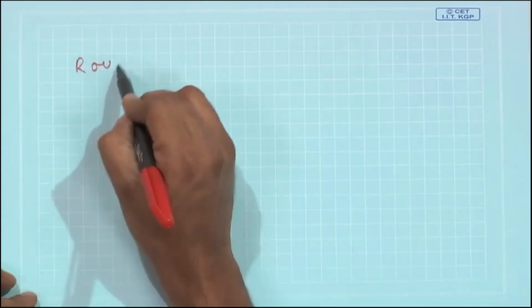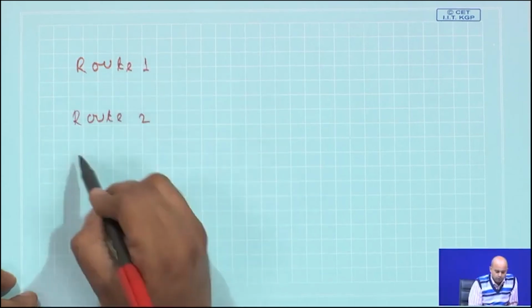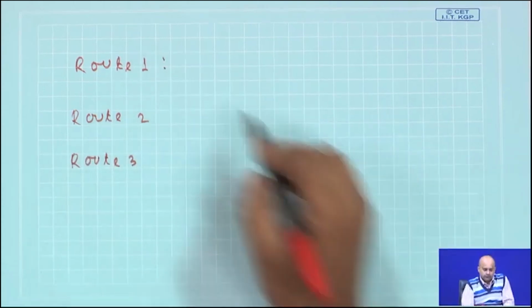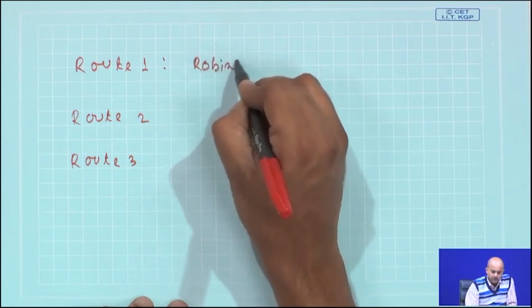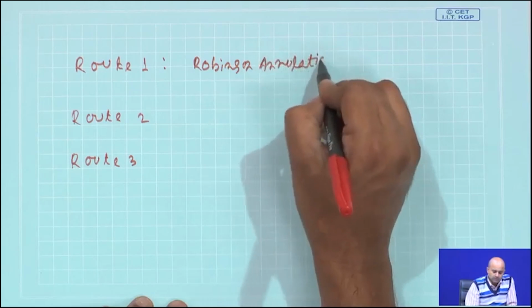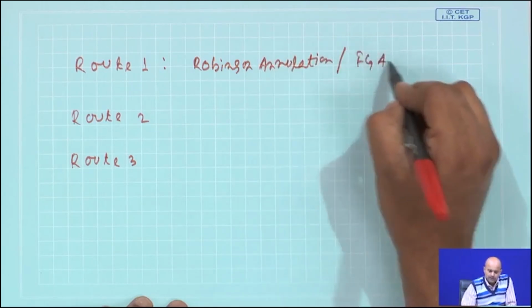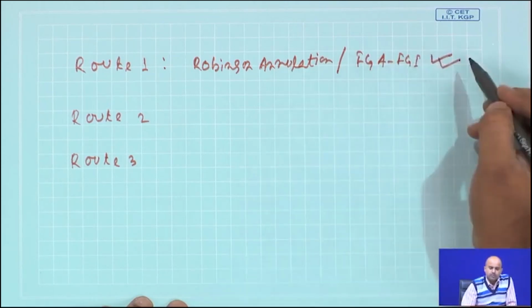So, now in summary we will try to analyze all the routes: route 1, route 2 and route 3. In route 1, what transformation are we using? Basically a Robinson annulation is the main transformation, and we also use a couple of functional group additions or FGI, and it looks absolutely feasible.